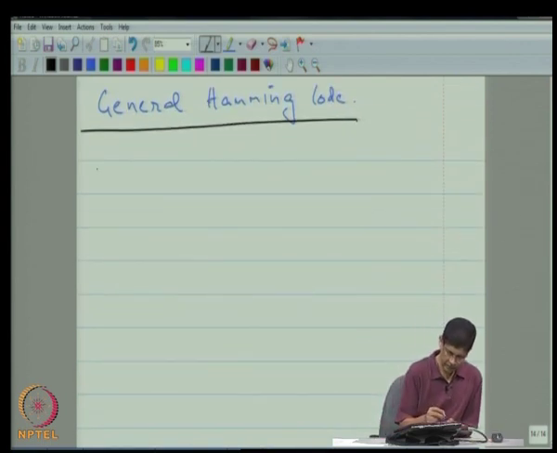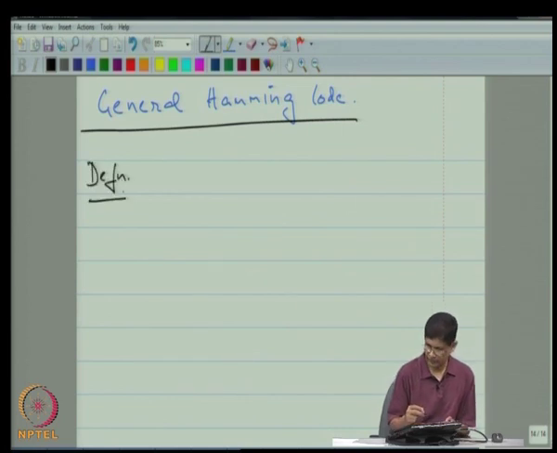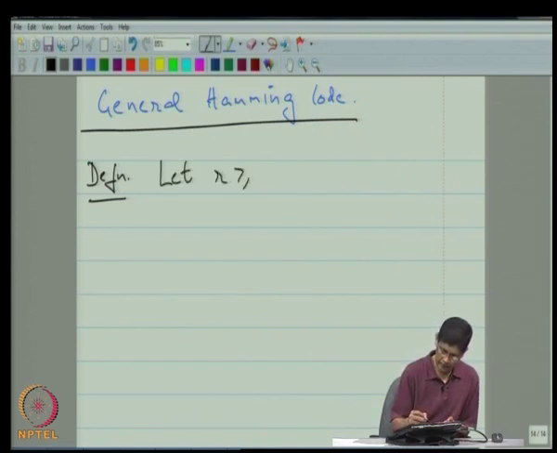So, in general we would have the following definition. Let r greater than or equal to 2 be an integer, and then set n equal to 2 to the r minus 1.